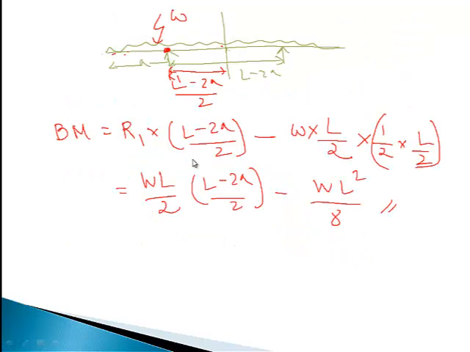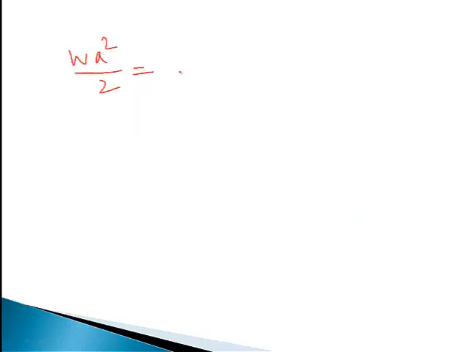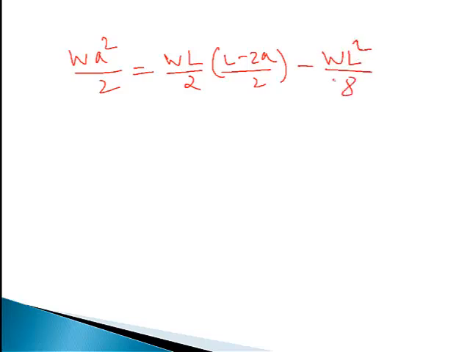So W A square by 2 equals WL by 2 into (L minus 2A) by 2 minus WL square by 8, okay.